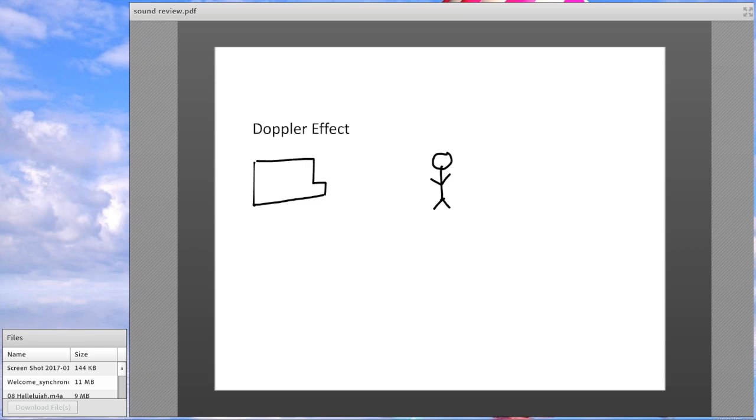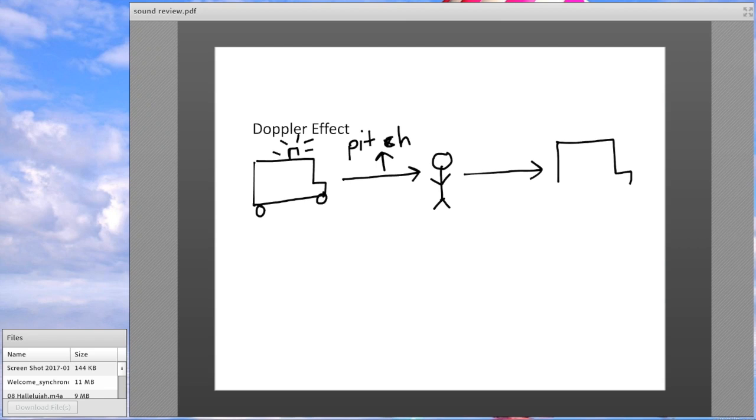So if I have my ambulance and my ambulance has a siren on and it's going towards my person who is not moving, okay, the pitch is going to increase. The pitch is going to go up. Okay? And then as it moves away from me, the pitch is going to decrease. And that phenomenon is the Doppler effect.